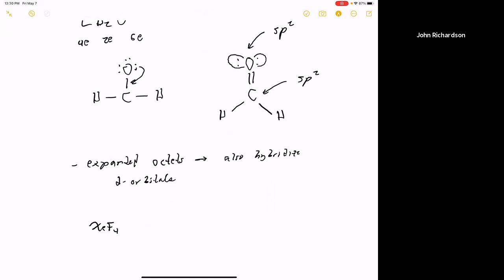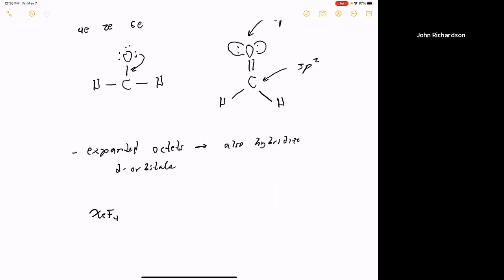I think we did the Lewis structure for this one already, and when we did it, what we ended up with is something that looks like this. Actually, I'm going to show it as a square, which is a square planar geometry. I'm going to put the electron pairs here on the xenon.